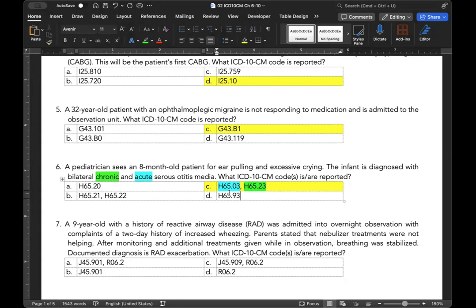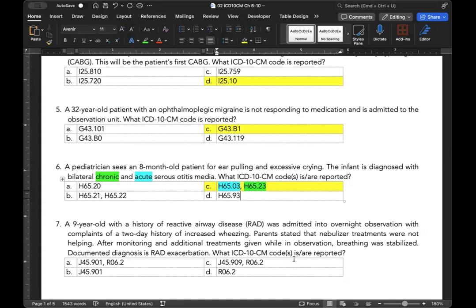Tiffany, I have a question. When they're asking for when it's chronic and acute, we have to code both of those instead of just coding the acute? Yes, you have to code both together.